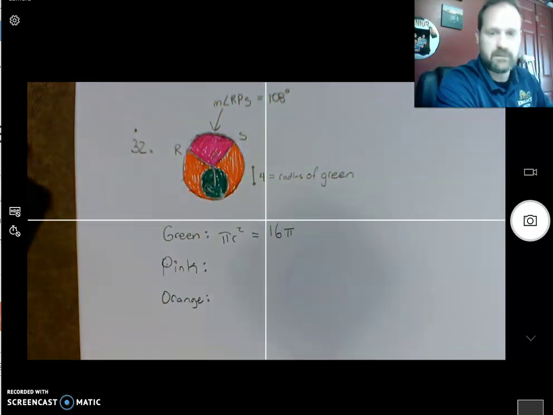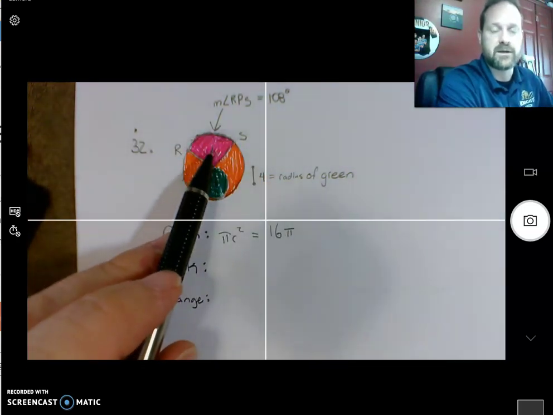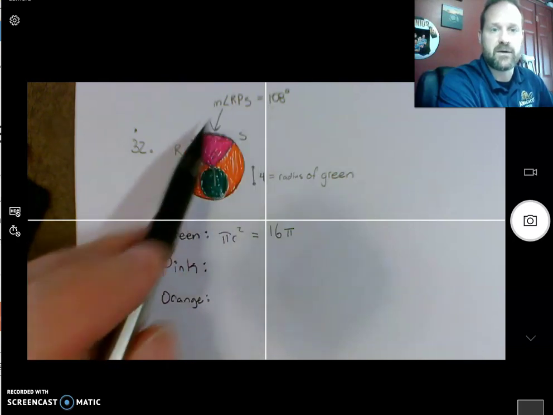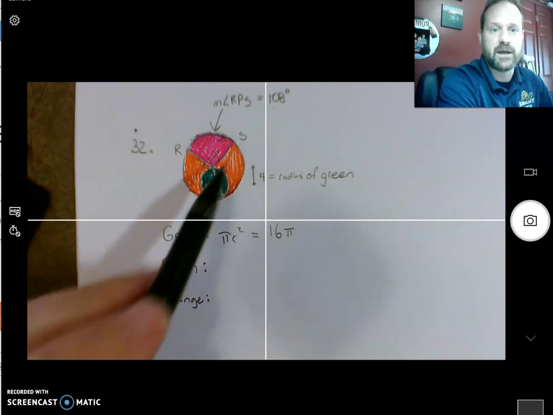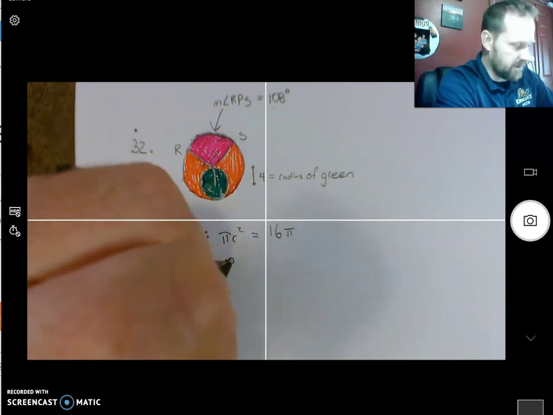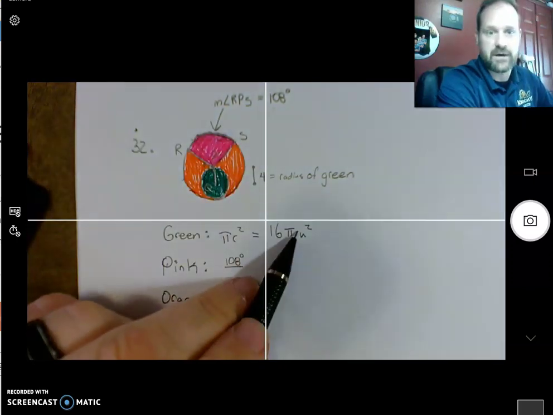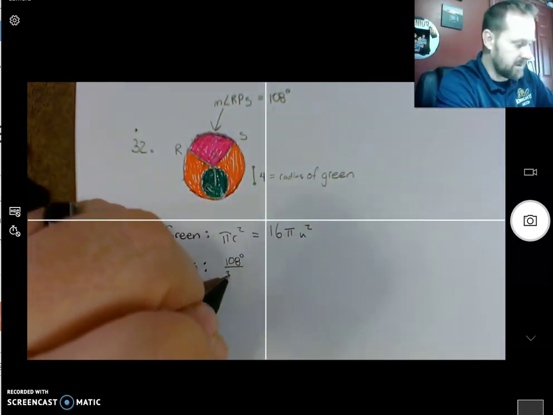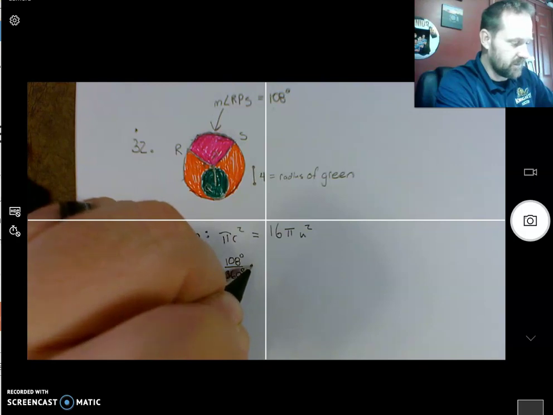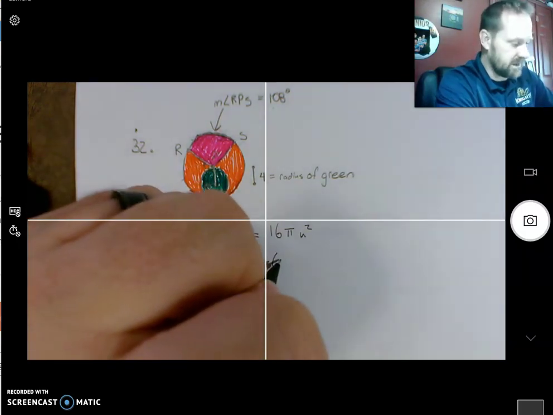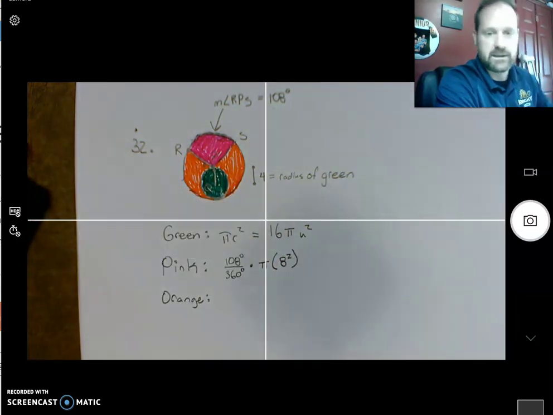Okay, the little one, since that's 4 squared times pi, is just going to be 16 pi. Okay, the pink one is going to be, they gave us the angle measurement at RPS, so that's going to be 108 degrees divided by 360 multiplied by pi r squared, units squared, forgot that, that's area. In this case, r is 8.